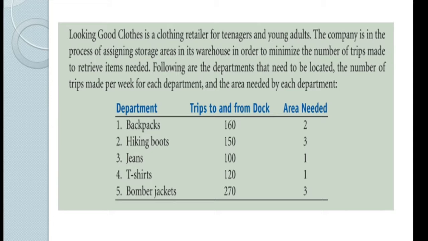Number 3 is jeans with 100 and 1 area needed. Number 4, t-shirt with 120 and 1 area needed. And last is number 5, bomber jackets, which have 270 trips to and from the dock at may kailangan siyang 3 areas. So, ganito po yung example ng warehouse layout na nagagawin natin.